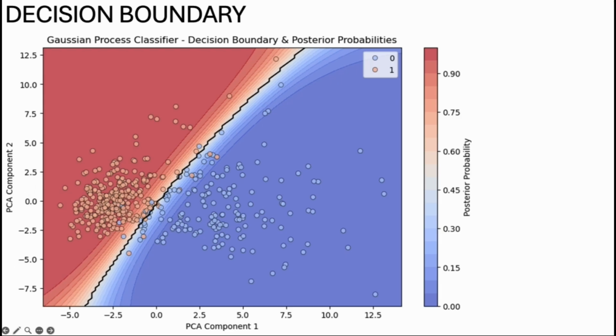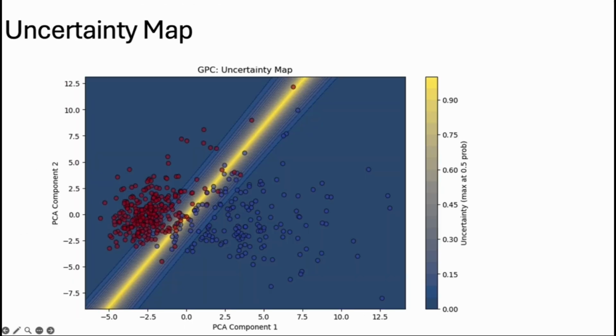So here we can see the decision boundary on the PCA reduced data. Here the black contour is the 0.5 probability threshold. These are smooth nonlinear boundaries, and these are interpretable under uncertainty around the boundary. Another perspective of this is the uncertainty map, where the uncertainty is the highest at the 0.5 probability mark.